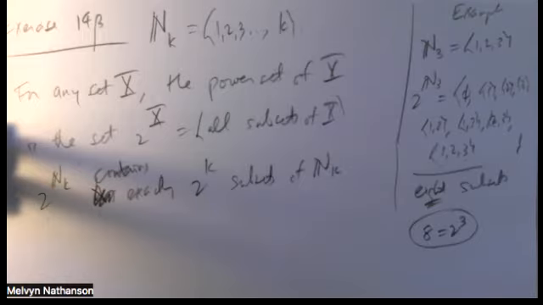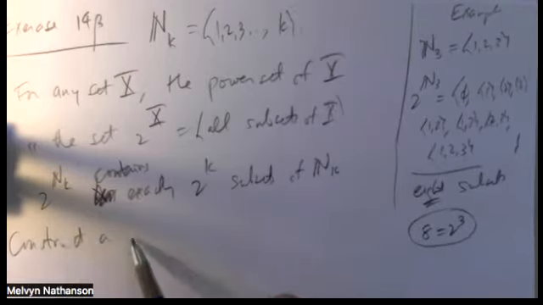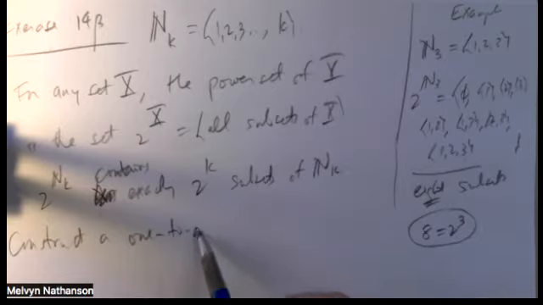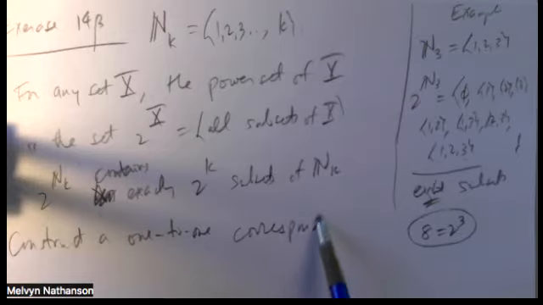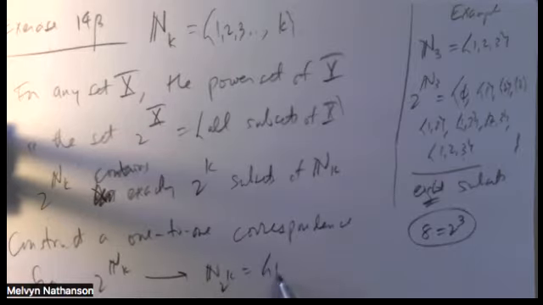That's how many subsets there are. We want to construct, this is the problem, a 1-to-1 correspondence from the set of subsets of nk to this set of just the first 2 to the k integers.